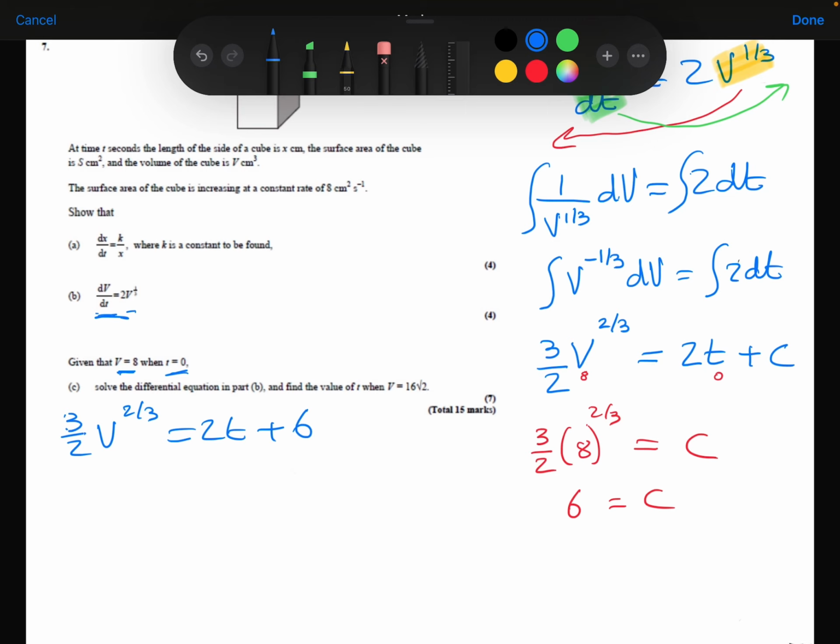Now I want to find the value of t when v is 16 root 2. So I'm going to substitute 16 root 2 in here instead of the v. So we're going to have 3 over 2 times 16 root 2 to the power of 2/3 is equal to 2t plus 6. 16 root 2 to the power of 2/3 is 8.